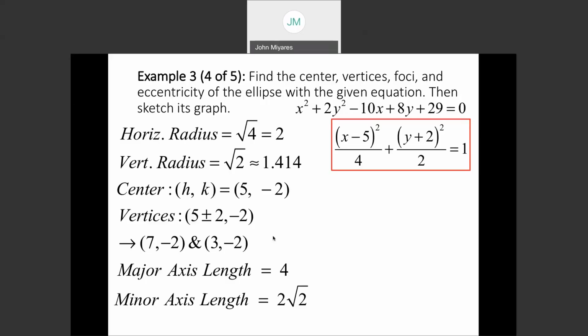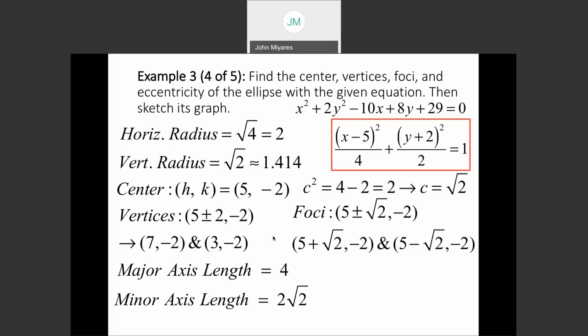To find the foci, we'll take the difference of the two denominators, which gives us 4 minus 2 equals 2. So c equals the square root of 2. Since the major axis is horizontal, the foci will be the square root of 2 units to the left and to the right of center.